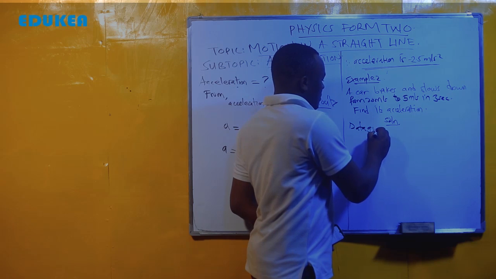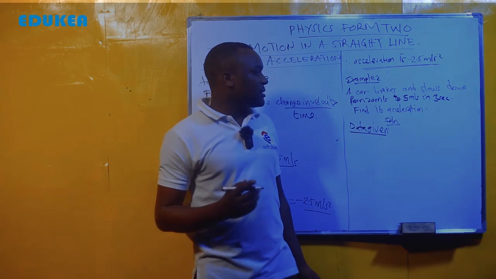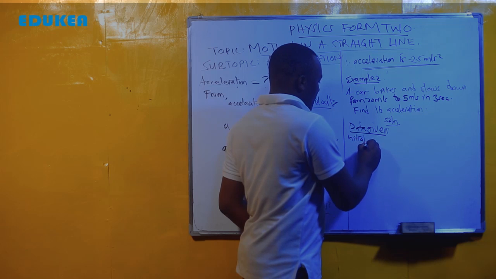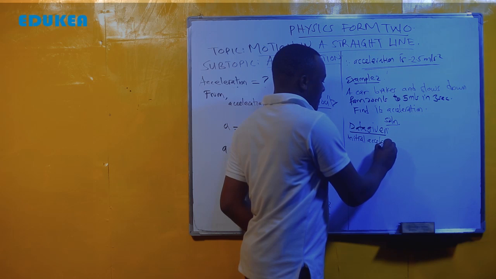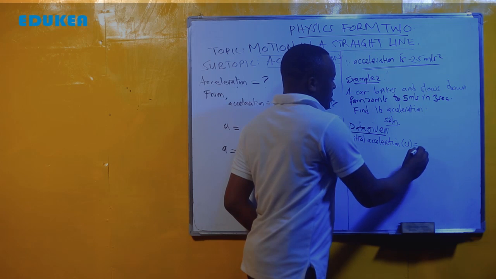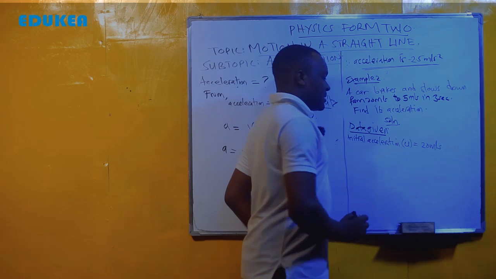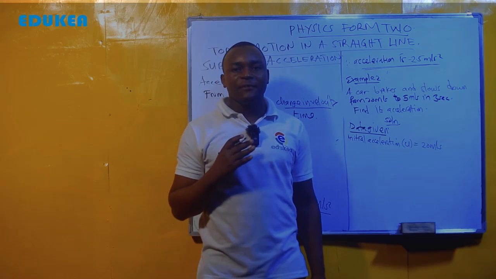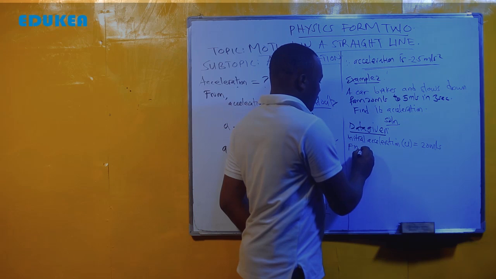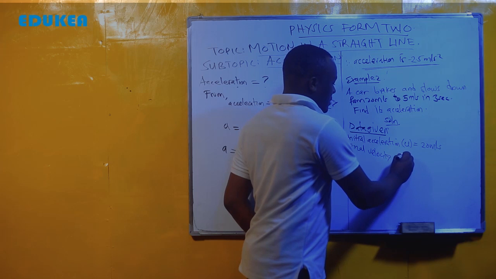We have initial velocity u equal to 20 meter per second, and final velocity v equal to 5 meter per second.